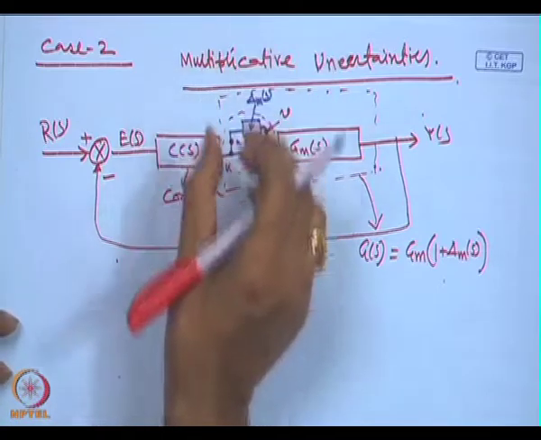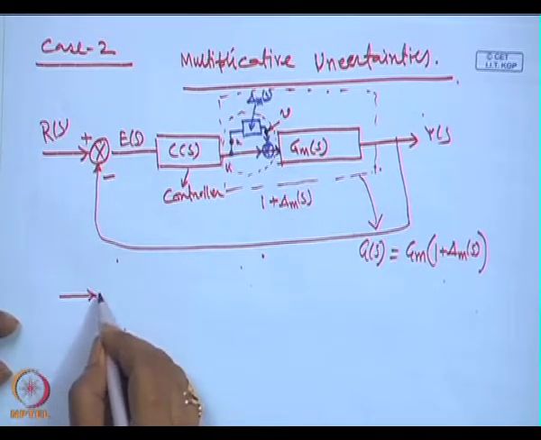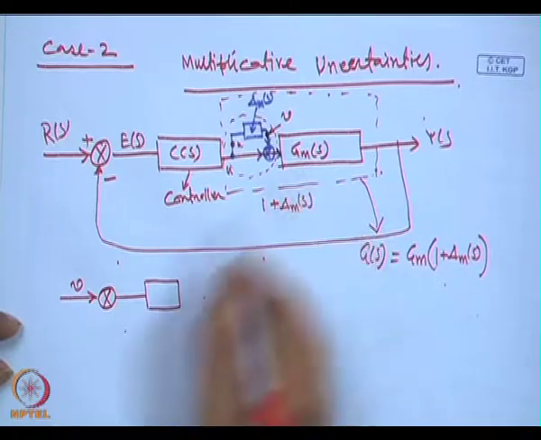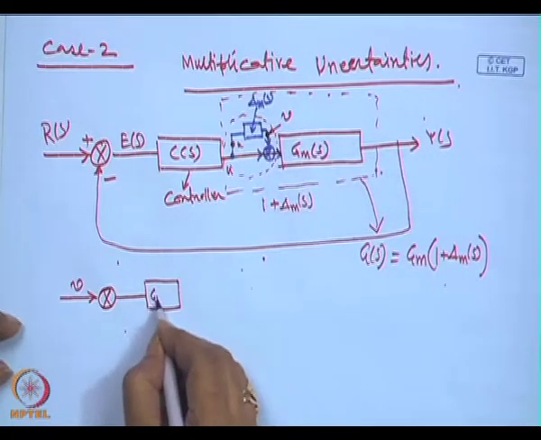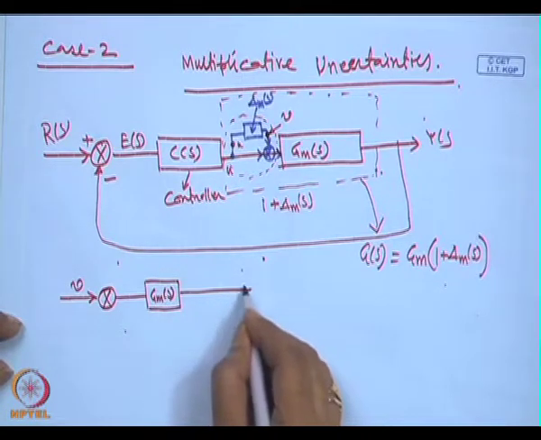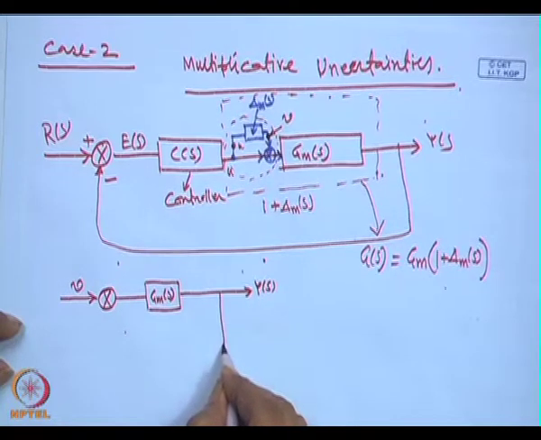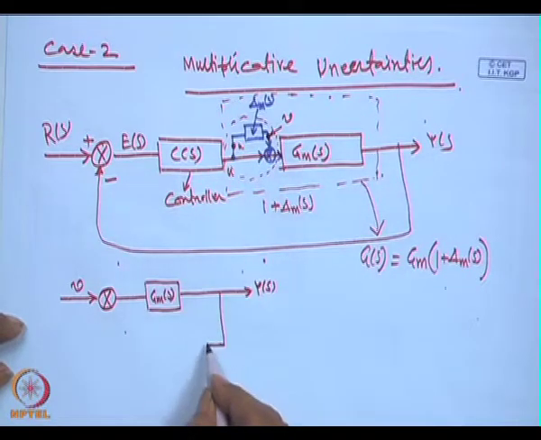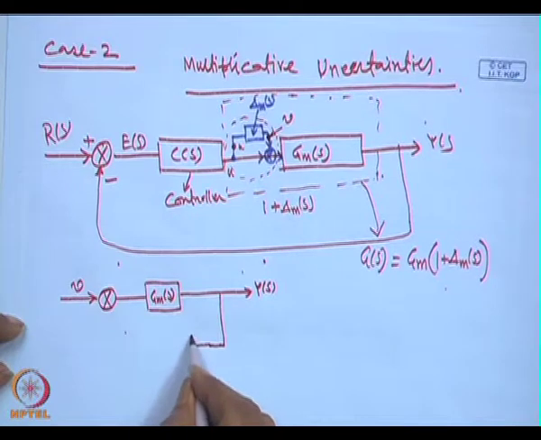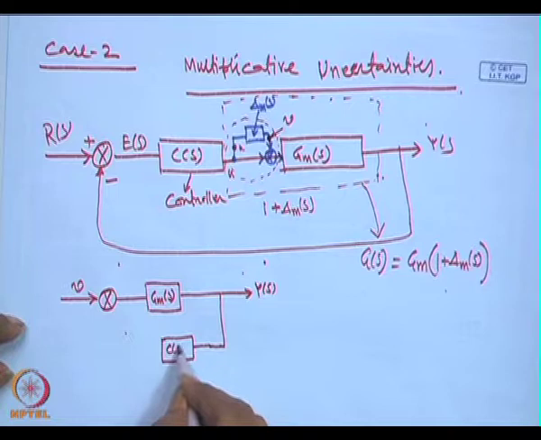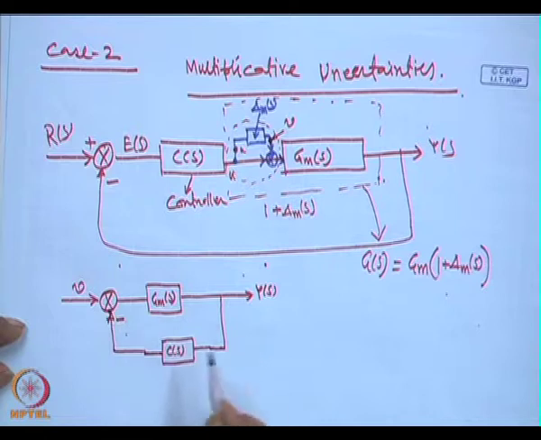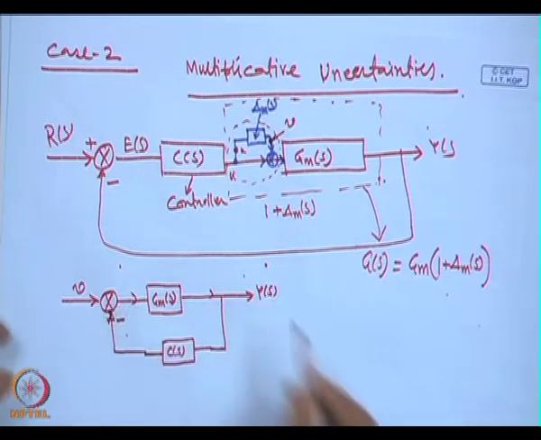If you redraw, you remove this one and redraw it like this: v, then Gm(s), the output coming back, then C(s), then minus this.